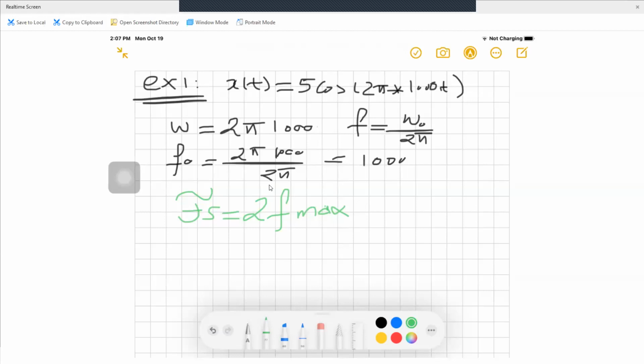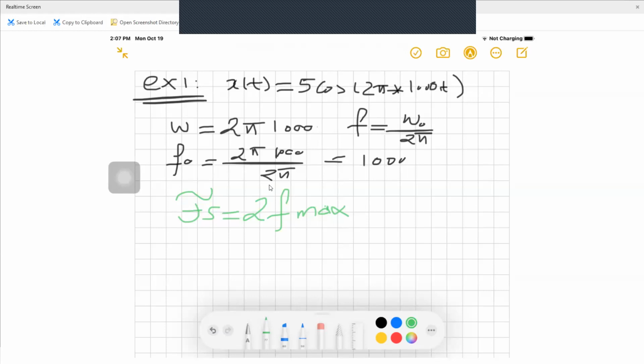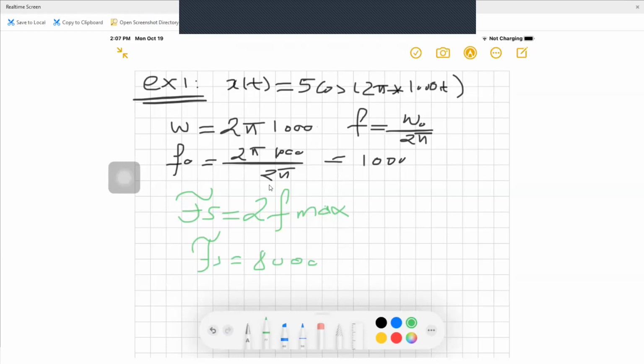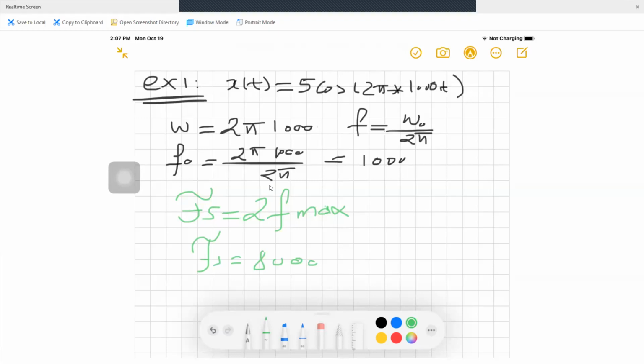Well, Fs is set to 8 kilohertz, or 8000. Of course, according to the Nyquist rate, Fs will be 2000, but practically we have sampled the signal by 8 kilo samples per second.